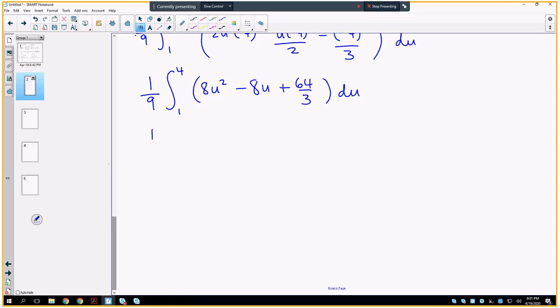So 1/9. I'm ready to take my antiderivative with respect to u. So this becomes 8u cubed over 3 minus 4u squared plus 64 over 3 u, evaluated between 1 and 4.